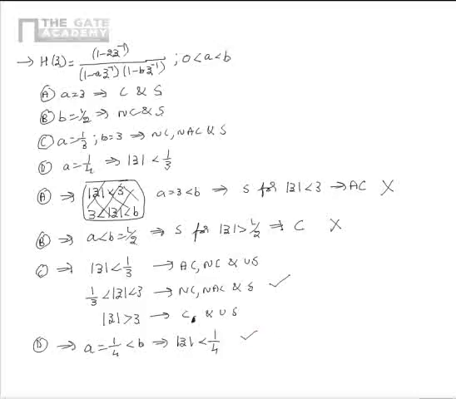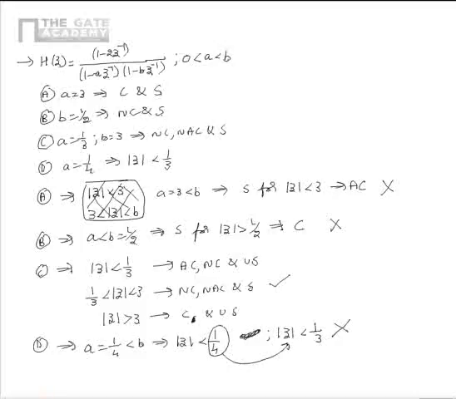But from this, we can't say that |z| < 1/3 is a possible ROC, as the ROC shouldn't contain the pole, which is 1/4 in this case.